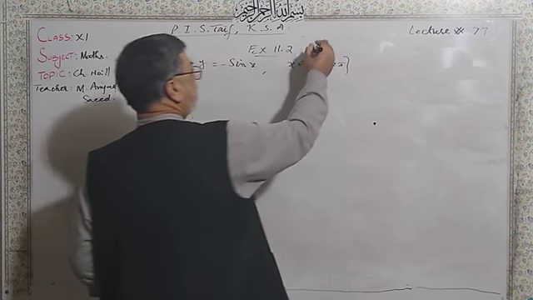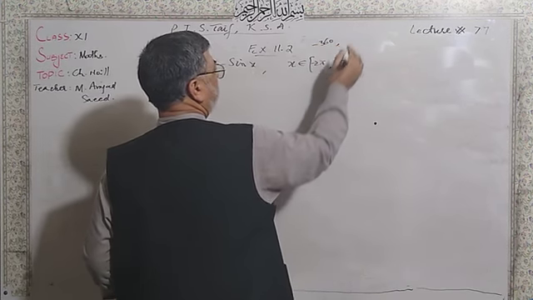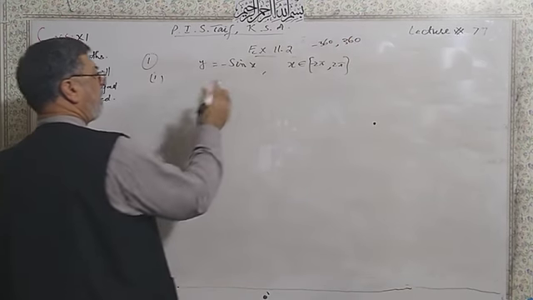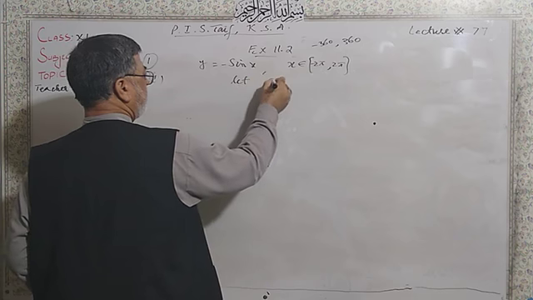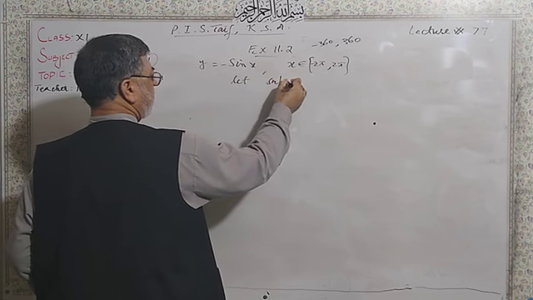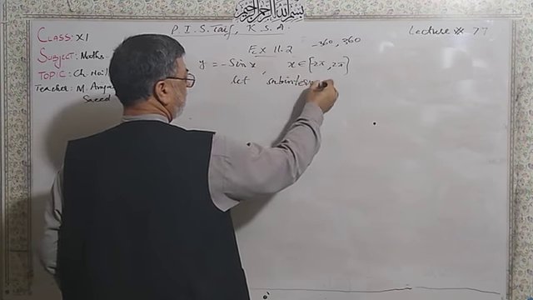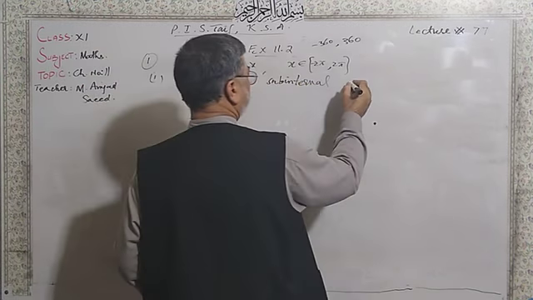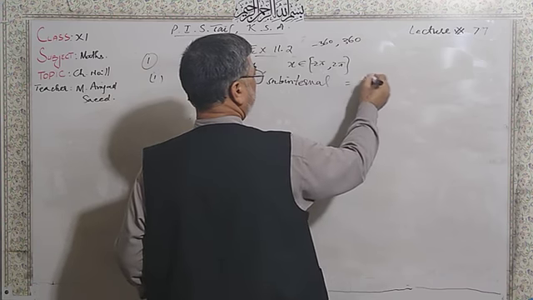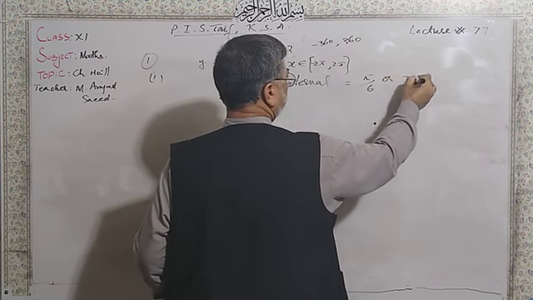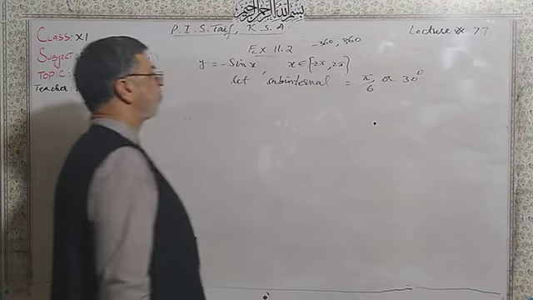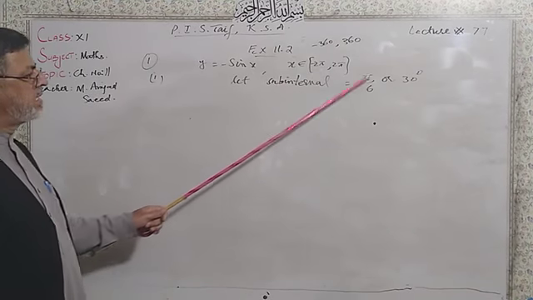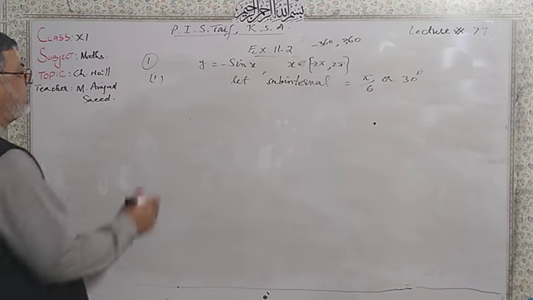Actually, minus 2 pi is minus 360 and plus 2 pi is plus 360. First of all, you have to take subinterval. Subinterval means difference between the values of angles. Let subinterval be equal to pi by 6 or 30 degrees.